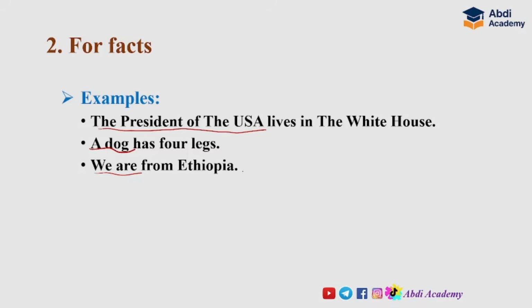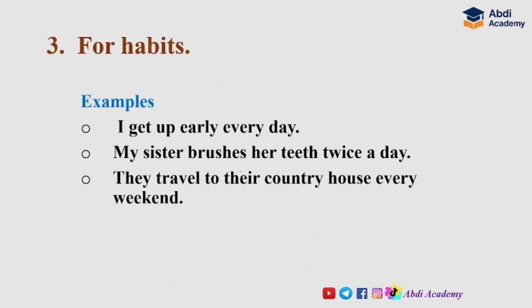So when we want to talk about facts, we need to use present simple tense. Again, we need to use present simple tense whenever we want to describe habits or what we call habitual actions.